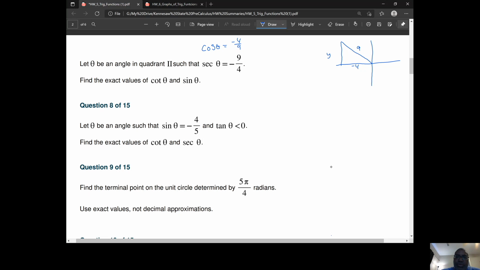So negative 4 squared plus y squared is equal to 9 squared, or 16 plus y squared is equal to 81. Subtract 16 from both sides, and I get y squared is equal to 65.